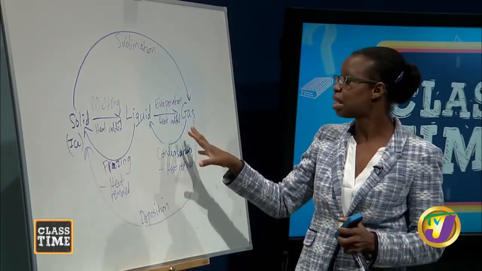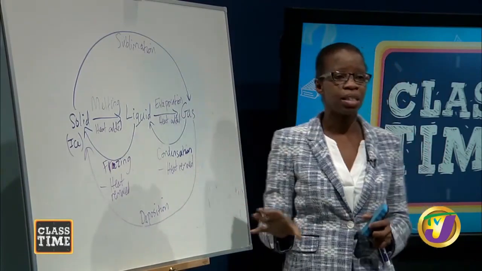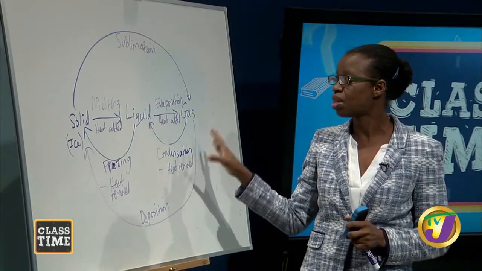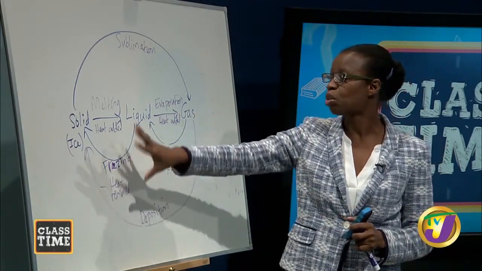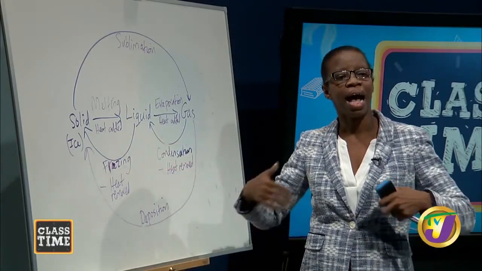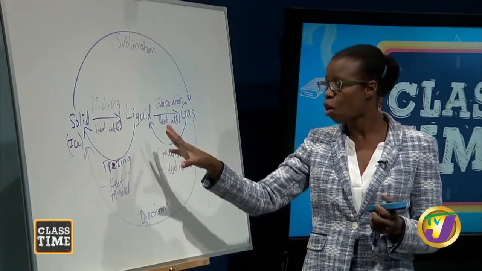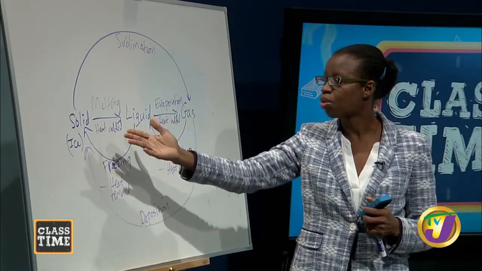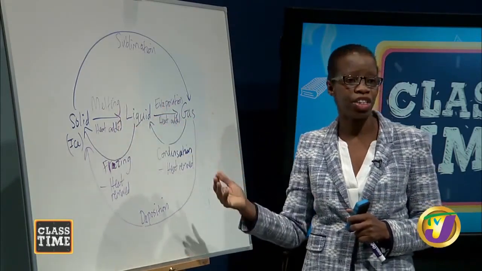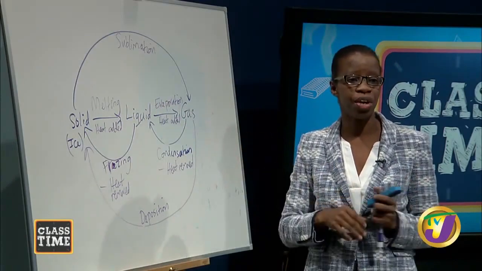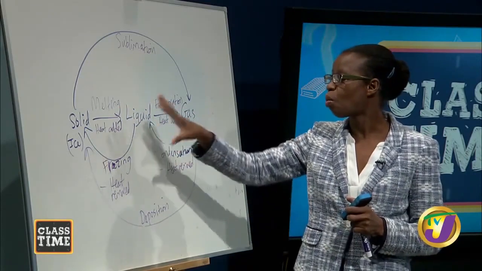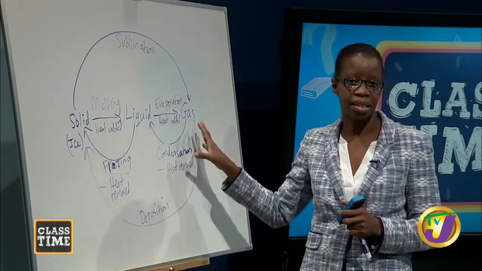So here we can see that the states of matter are connected. And to move from one state to the next, we would simply have to add more heat, which is really adding more energy. Heat is a form of energy. We're giving the molecules or the particles in that particular state more energy to move. And as we showed earlier, once they have more energy to move, they will change from one state to the next.